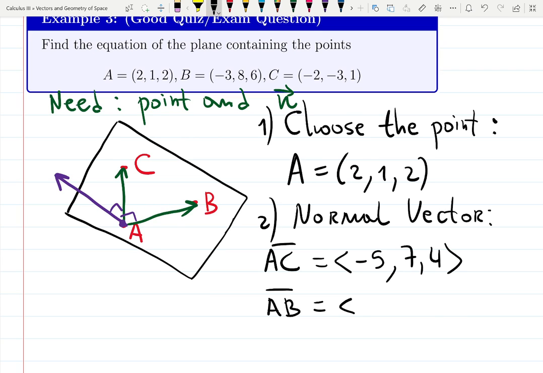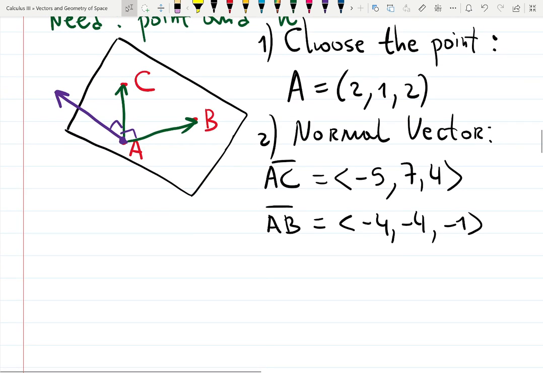Now -2 and -2, -4, 1 more, -4, and -1. We have those 2 vectors ready. This was supposed to be AB and then AC. Oh, AC, sorry. Yes, good catch. AB and AC. That is step A.